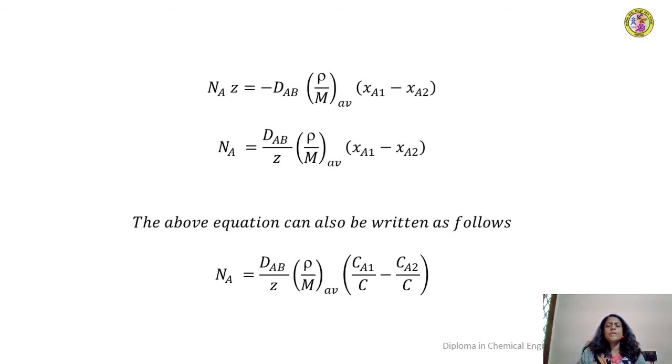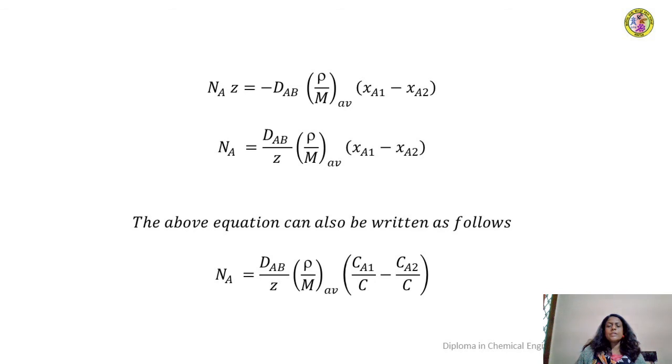So now we have got the equation in a much simpler way in this particular case. We don't have to make any changes to the equation because we already have XA1 minus XA2 on the right hand side. Shifting the Z term to the right hand side, the final equation is NA equals DAB by Z into rho by M average into (XA1 minus XA2).